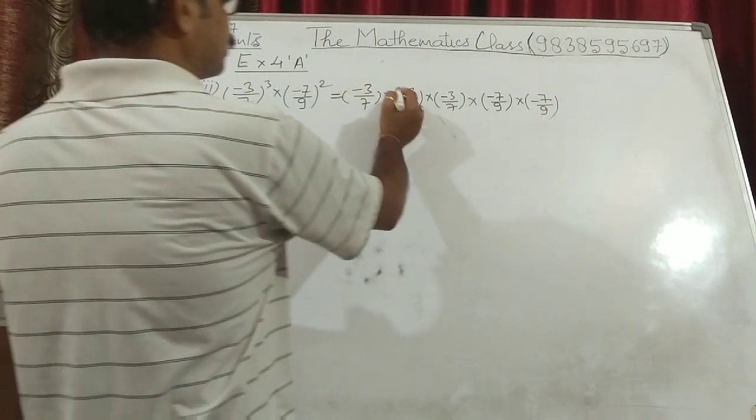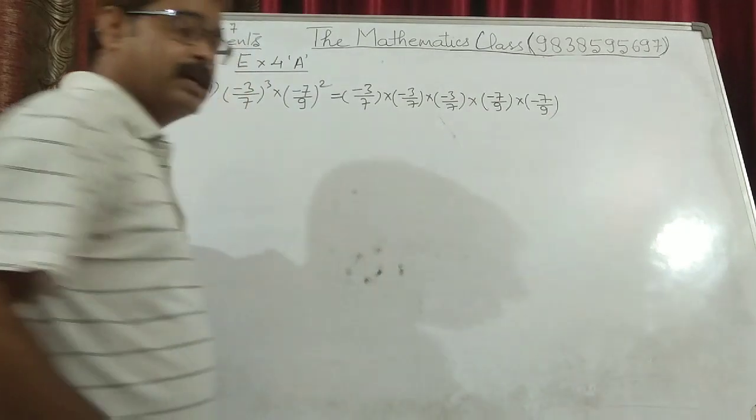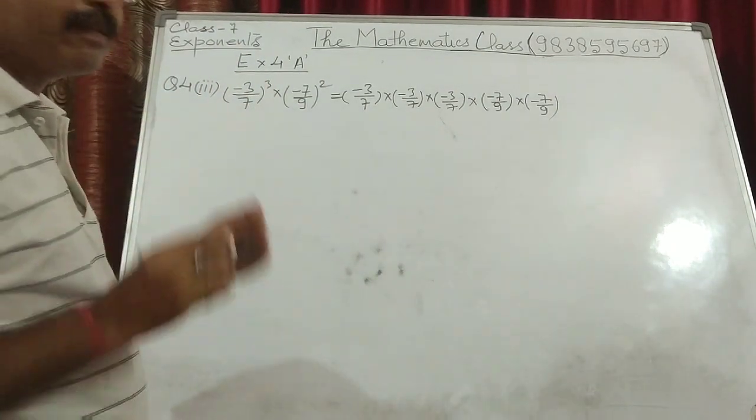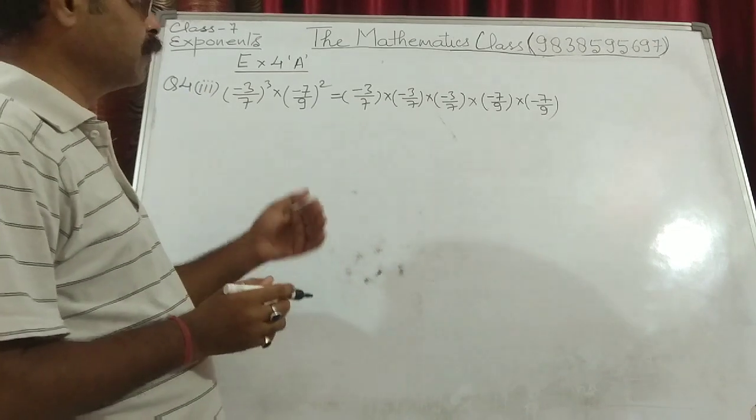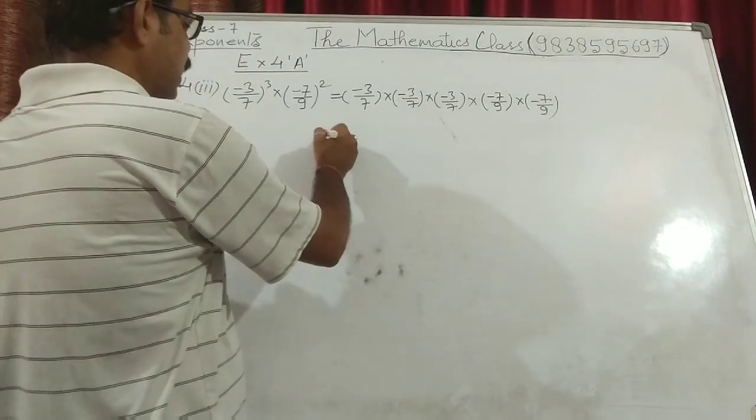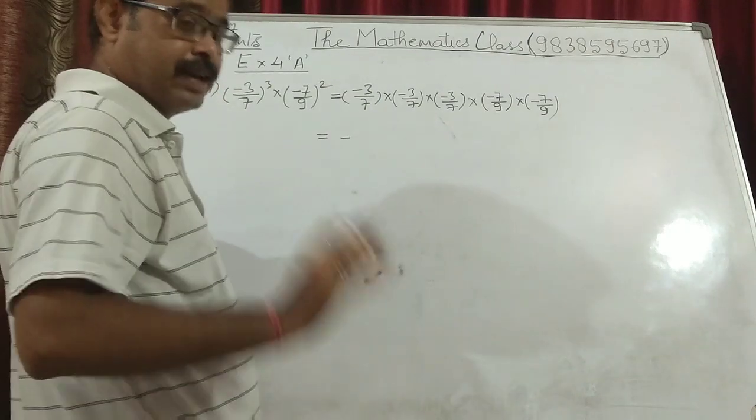Now 1, 2, 3, 4, 5. How many minuses are there? 5 minuses are there. 5 means it is odd, so the final value will be negative. So I am writing minus for the final value.